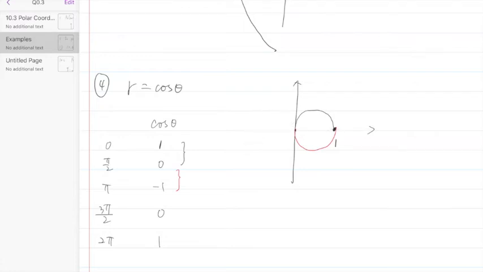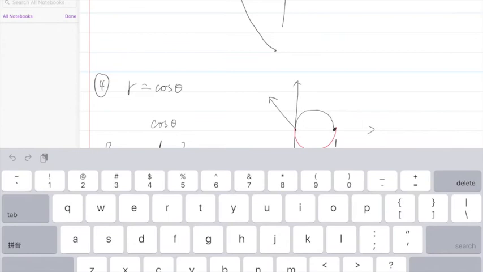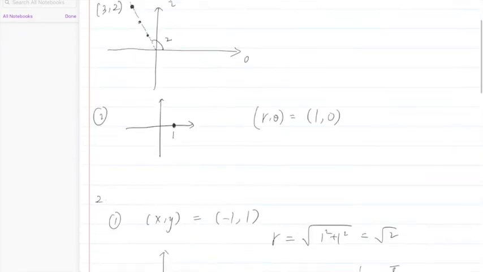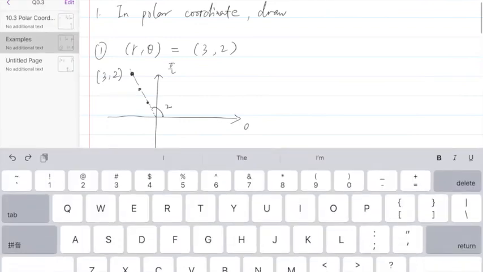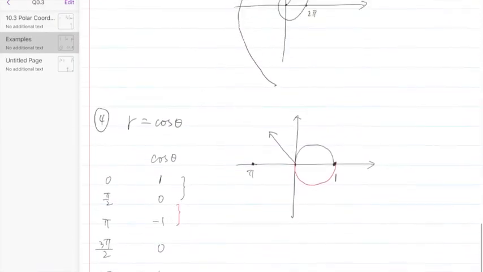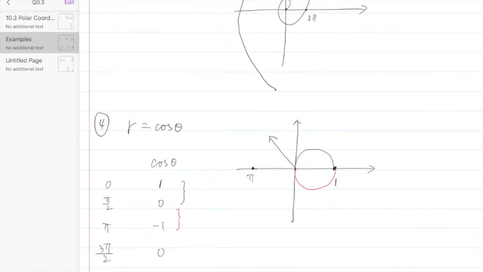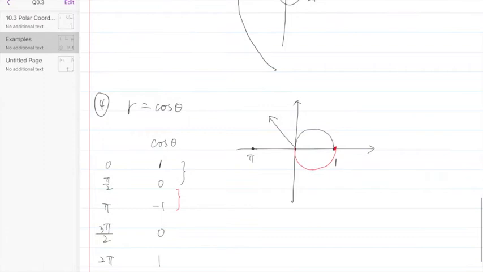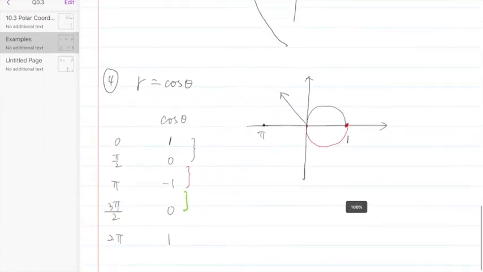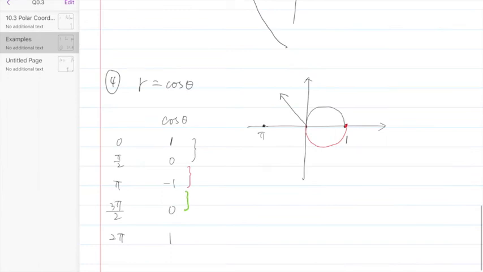So if you try to draw it, it's actually nothing but this. Hopefully you followed. That's what happened for this part.